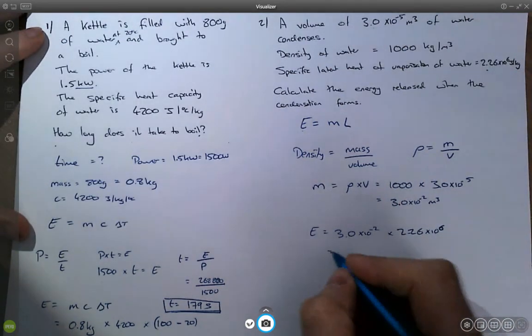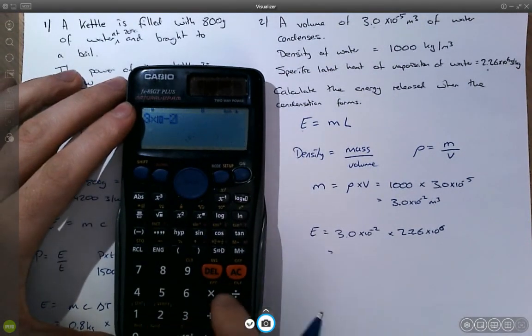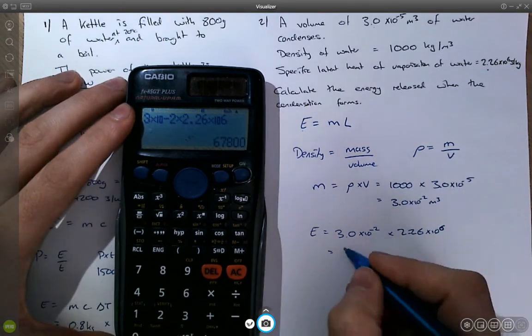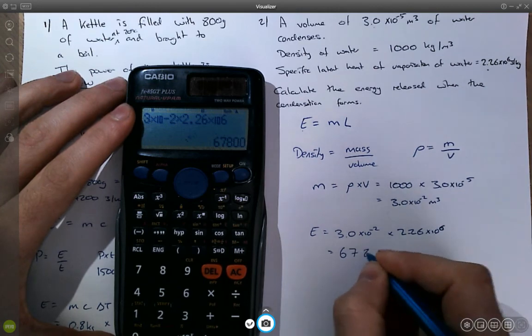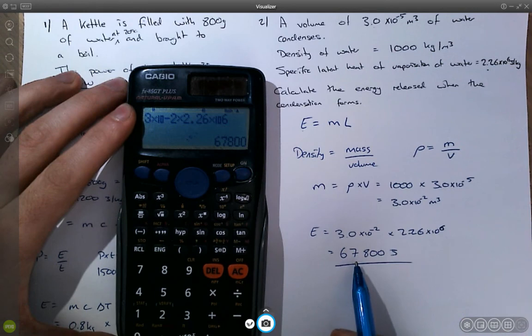So we can then type that in our calculator. And this is obviously also a test of you being able to use standard form. And that gets us 67,800 joules.